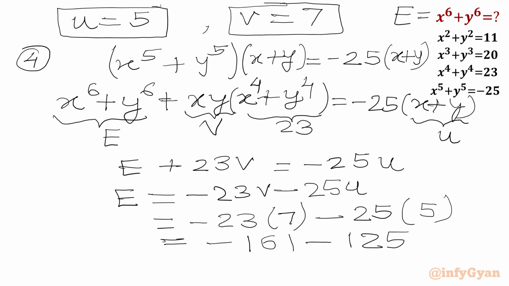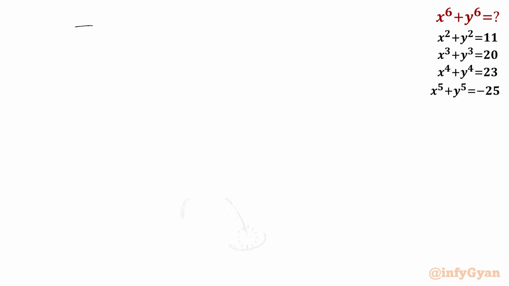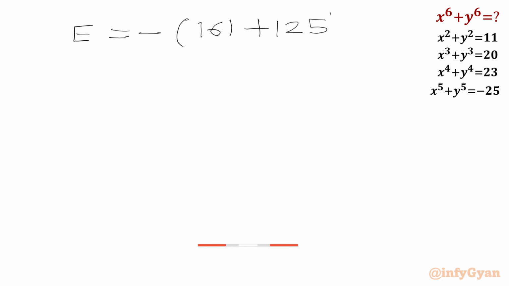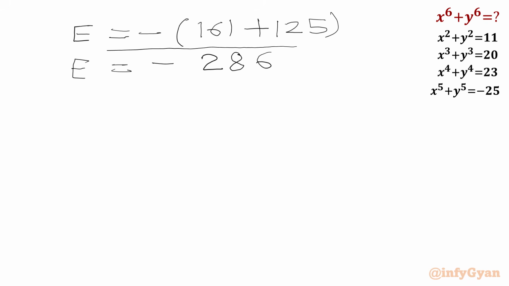So E will be equal to, minus is common. In bracket we can write 161 plus 125. E will be equal to minus of 286. So our answer for the required expression x power 6 plus y power 6 will be minus 286.